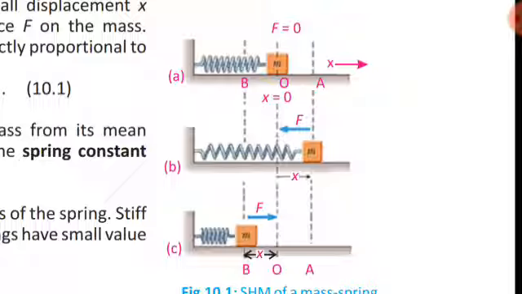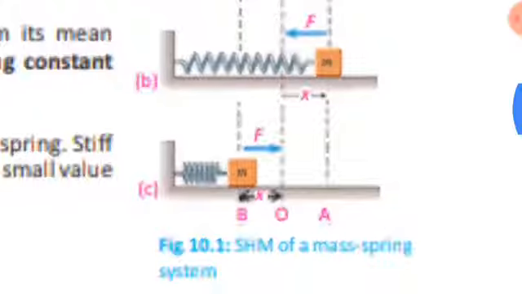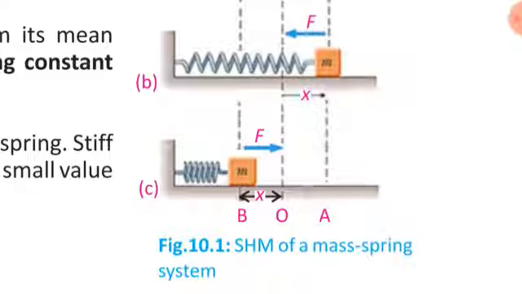Students, as I release this body from point A, it will come to point O, and again after coming to point O, it will shift to point B according to figure C. Here you see the new position of the body, which is at B.